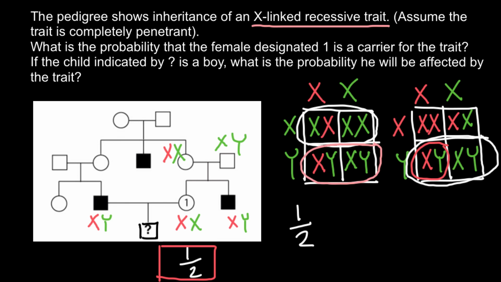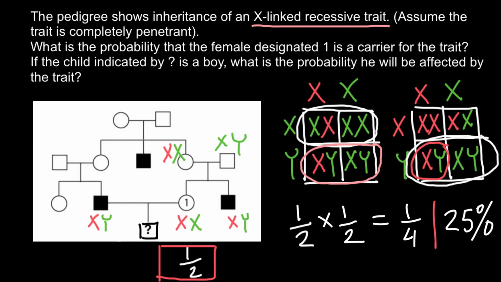So the probability would also be 1/2, and we have to multiply these two probabilities because these are two independent probabilities. And as you see, the probability for this child to be affected with this genetic disorder would be 1/4 or 25%. And this is our answer to the second question.